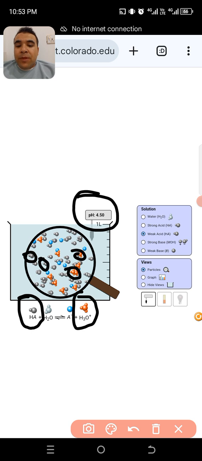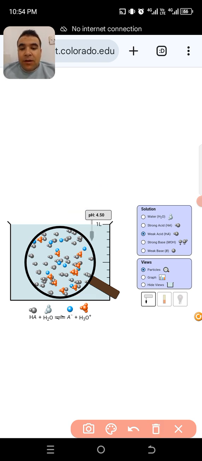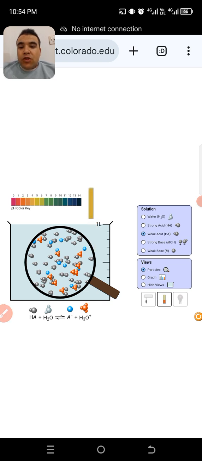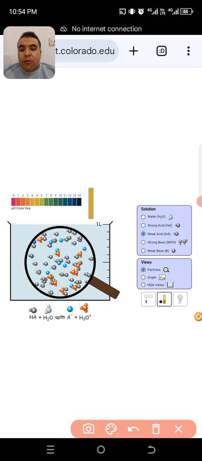That's why most of the acid remains non-ionized. It's a partially ionizable molecule because it has a low tendency to ionize. Its pH is much higher than the strong acids. In terms of adding the pH paper, it's almost in the range of 4.5.